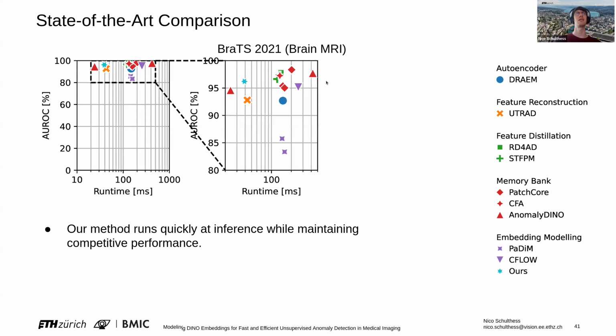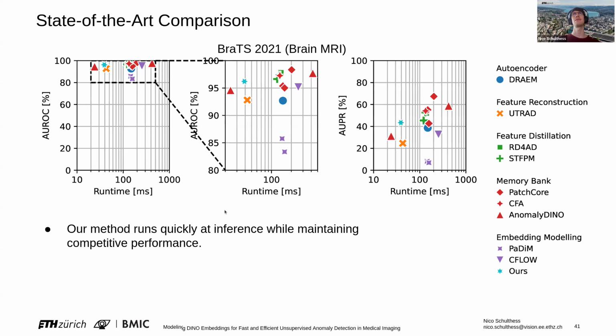But we argue that you can make a runtime accuracy trade-off, and there it would be desirable to be as far at the top left as possible. And then when you look at the area under the precision recall curve, it shows a similar picture. However, this time, the performance gap to the best performing method is a bit bigger, which means that there is still some room for improvement.